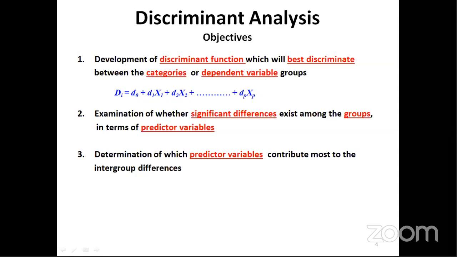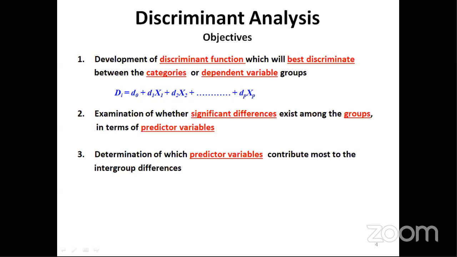Whenever we conduct discriminant analysis, we should know the different objectives of discriminant analysis, meaning what we have to do when we conduct it. In discriminant analysis we develop a discriminant function, and using the discriminant function, we estimate the discriminant score. The formula is given here: Di is equal to d0 plus d1x1 plus d2x2 and so on.